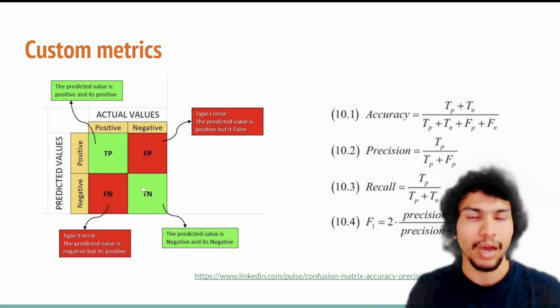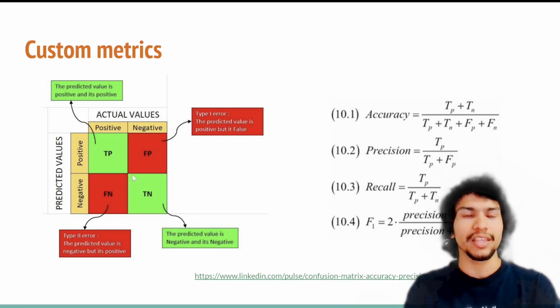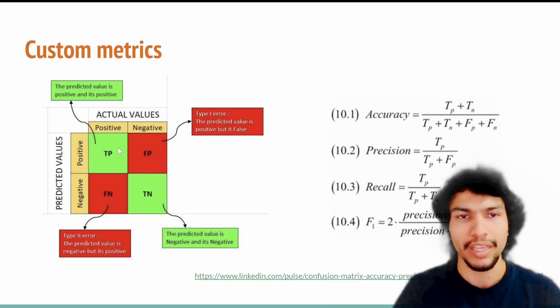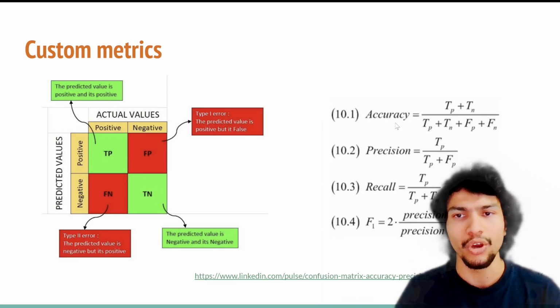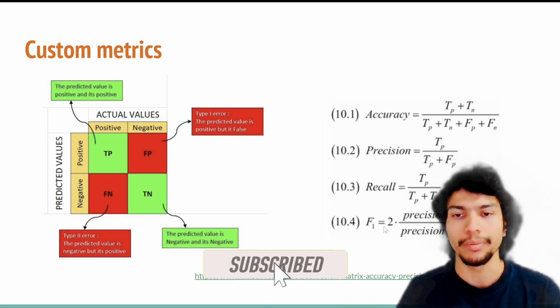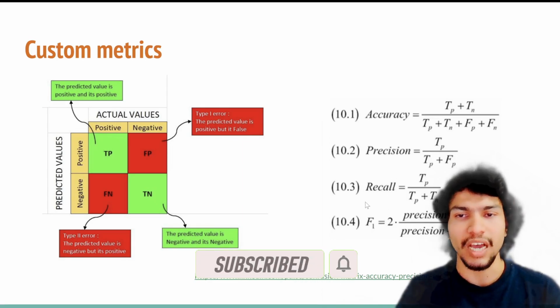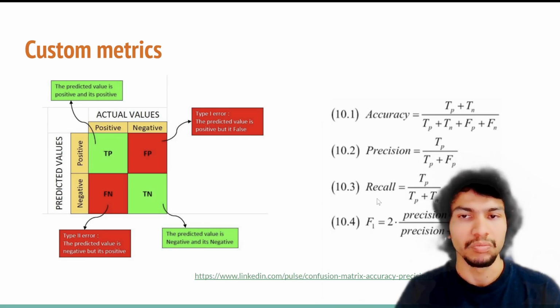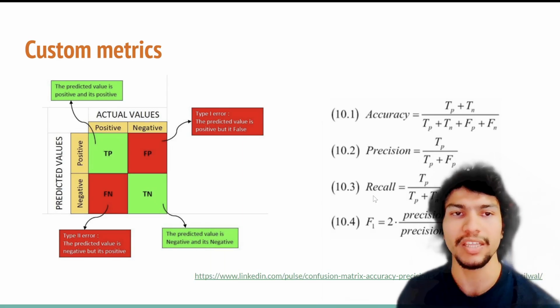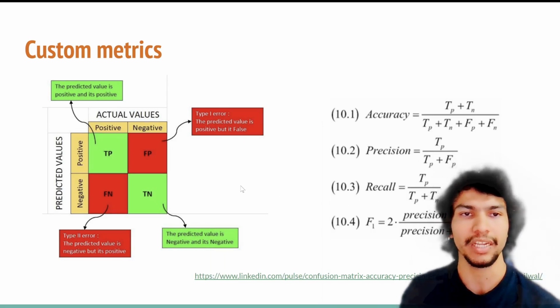And if our prediction is wrong, then we will get FP and FN. This is called the confusion matrix, and based on this confusion matrix we have the accuracy, precision, recall, and F1 score formula over here. So these are quite popular metrics in image segmentation tasks to evaluate the model.